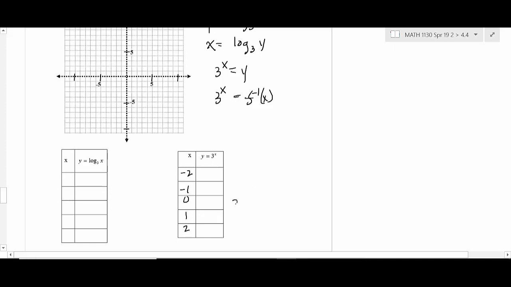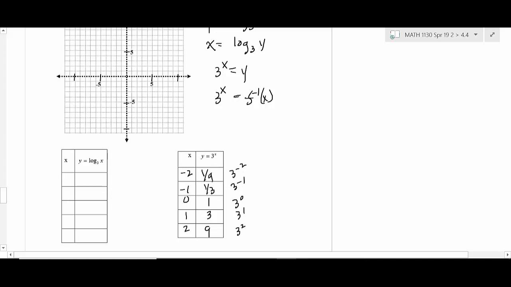So you just kind of do this, 3 to the 0, 3 to the first, 3 to the second, 3 to the negative 1, 3 to the negative 2, like we've been doing. So you just crunch out each of those powers of 3, which you can do all in your head. So that's 1, 3 to the first is 3, 3 to the second is 9, 3 to the negative 1 is a third, 3 to the negative 2 is 1 over 9, like that.